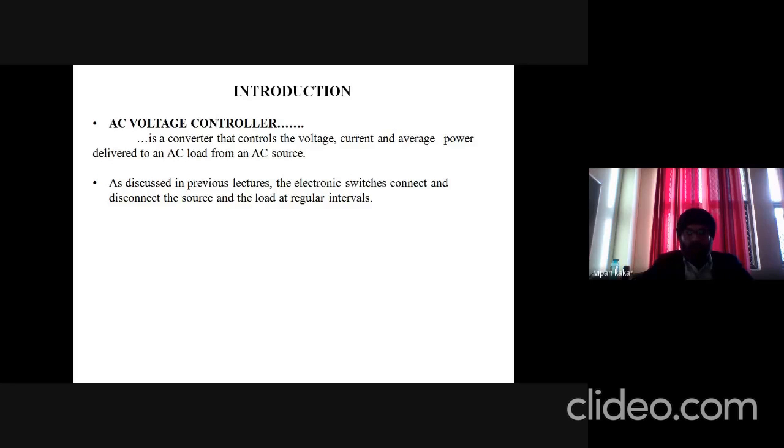As we have already discussed in previous lectures, the conversion from AC into AC is done using electronic switches. So the combination of switching, which is connected in between the AC source and an AC load, actually helps us to have a regulated output at the load.